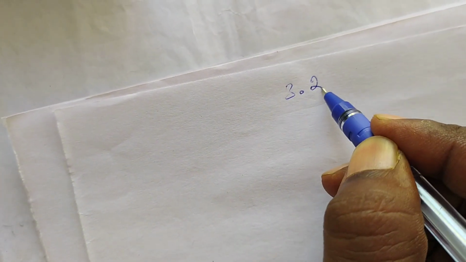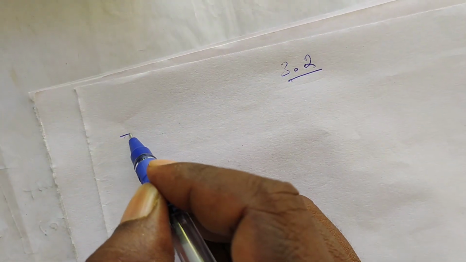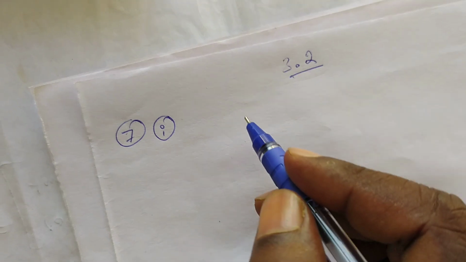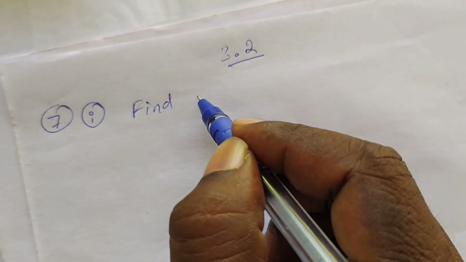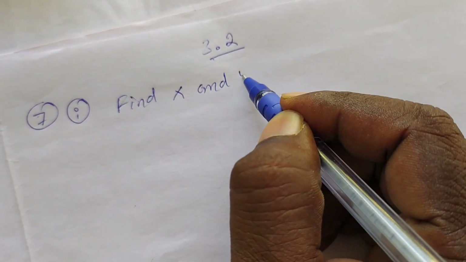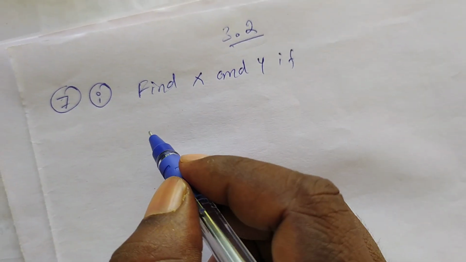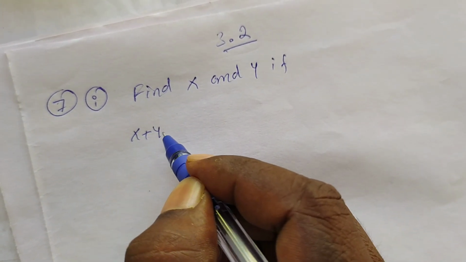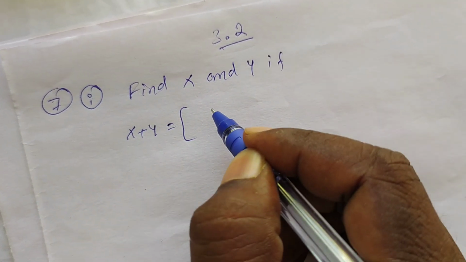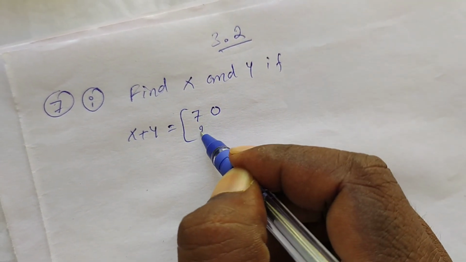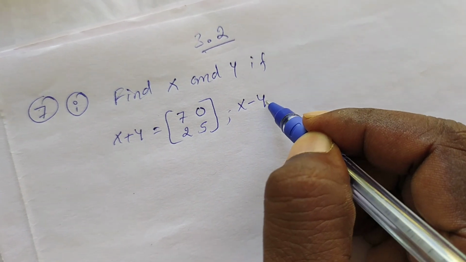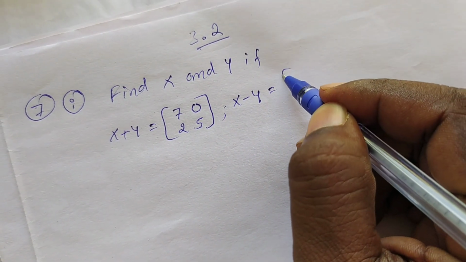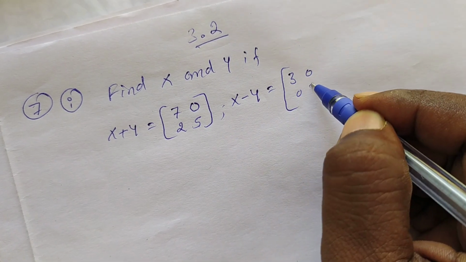That is exercise number 3.2, the main question seventh one, that is the first one. Here we have: find X and Y, capital X and capital Y, if X plus Y is equal to 7025 and X minus Y is equal to 3003.